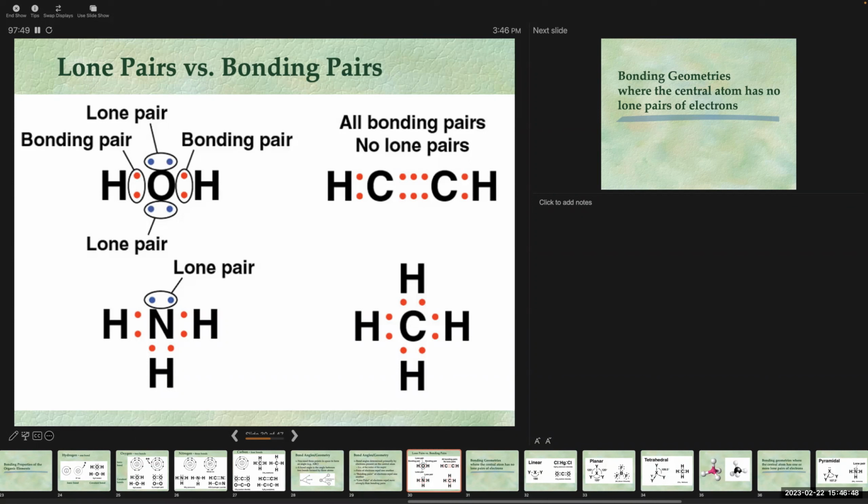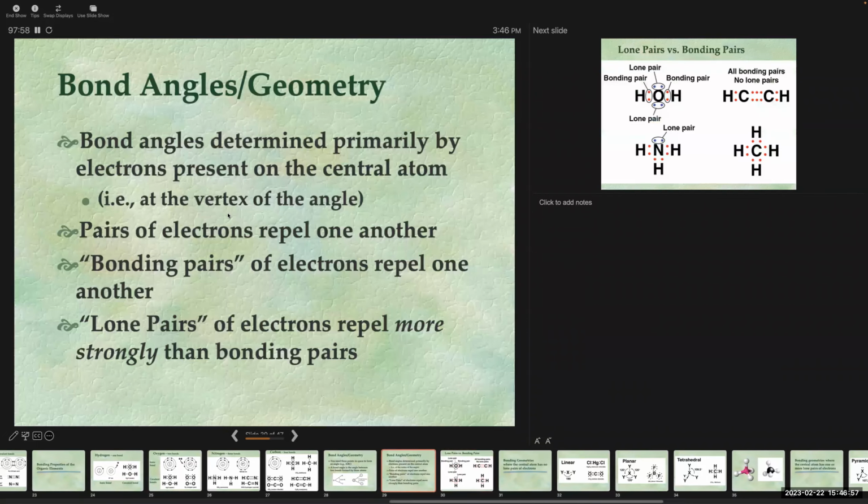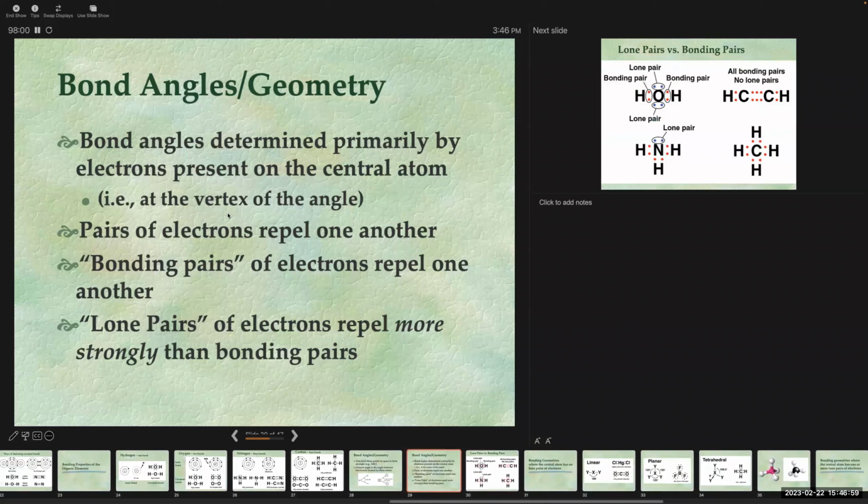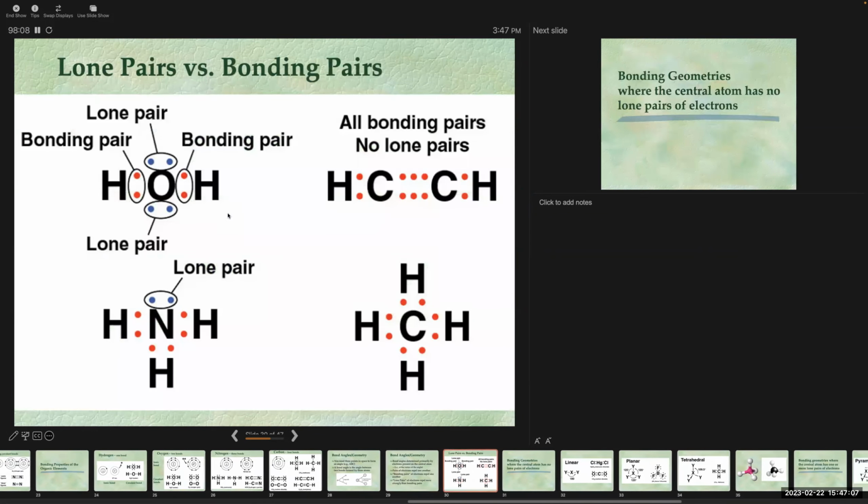They're not participating in the bond. So referring back to the previous slide, all of these pairs of electrons are pushing one another apart, but the lone pairs push harder than the bonding pairs, and we'll see why that's important in a minute.